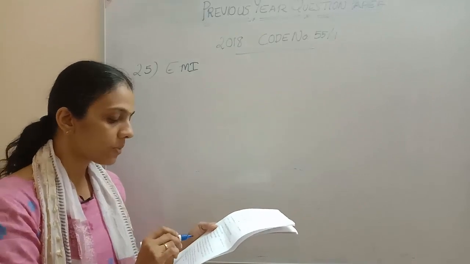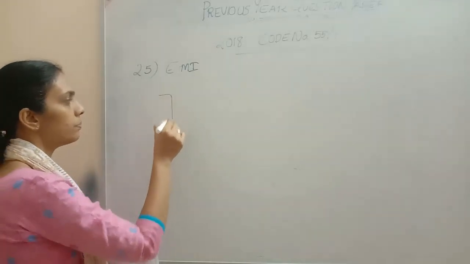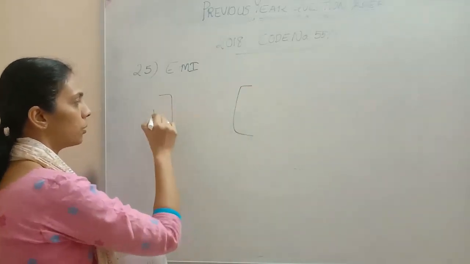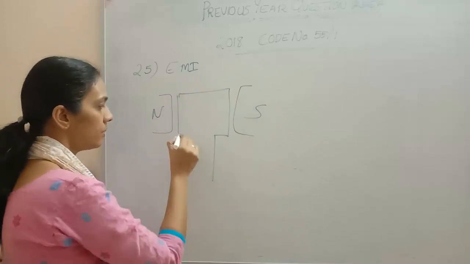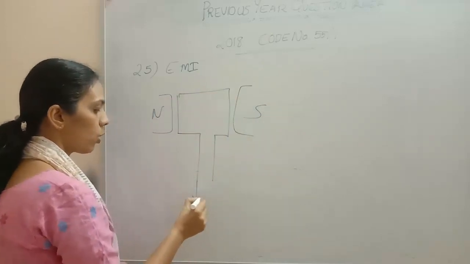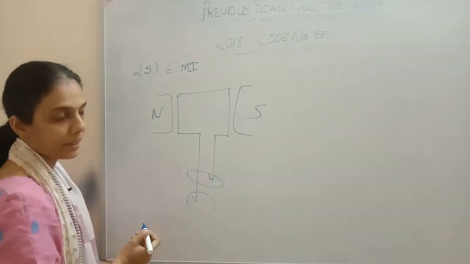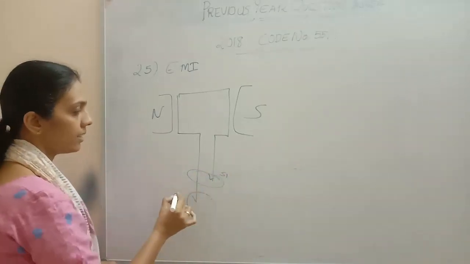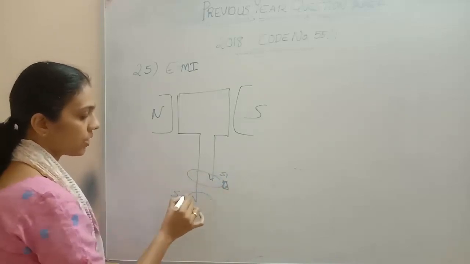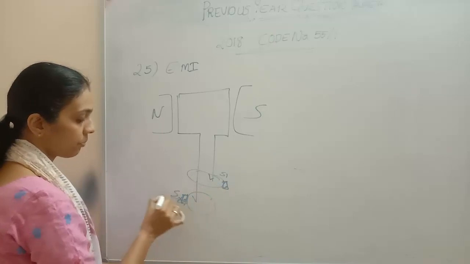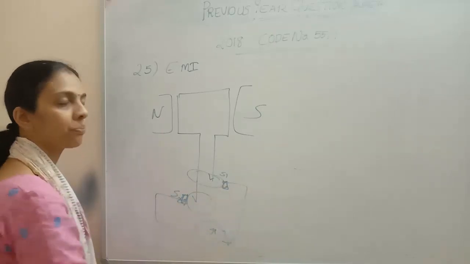Okay, explain its working with the help of a labeled diagram. So here is a north pole and a south pole, and here is the coil, and the ends of the coil are connected to the two slip rings S1 and S2, and two brushes are in touch with them, connected to the galvanometer.